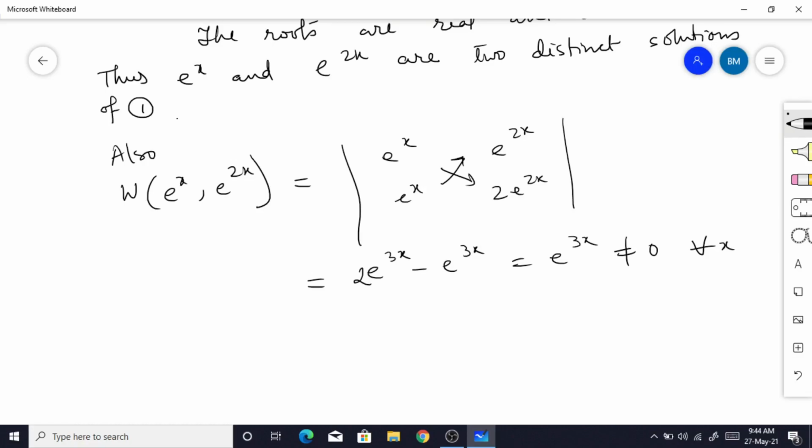So what we can say, therefore, is that e to the power x and e to the power twice x are linearly independent.